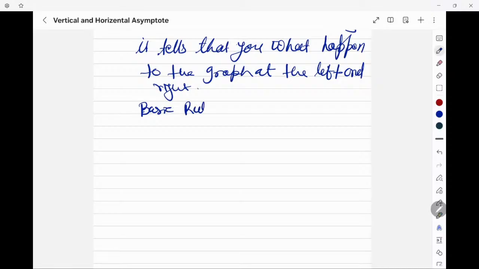So before finding the horizontal asymptote, there is a basic rule called degree comparison.